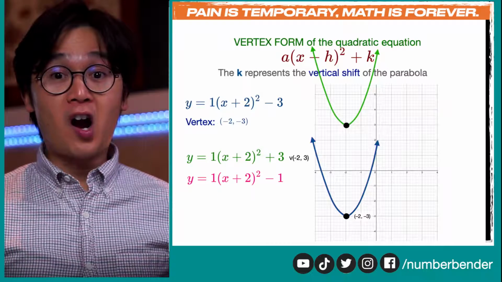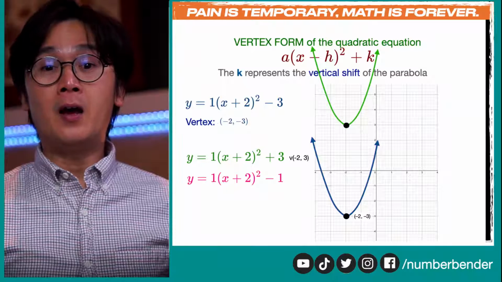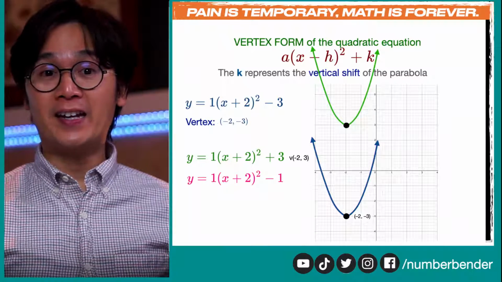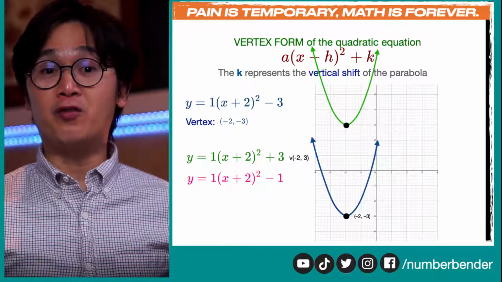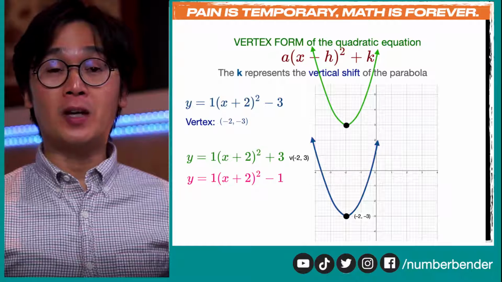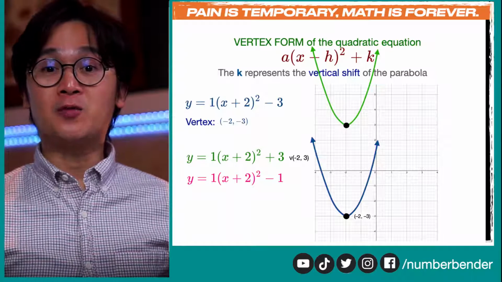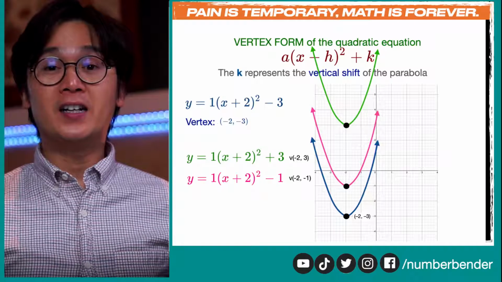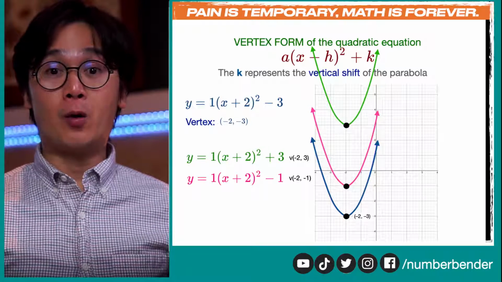So for the sake of argument, if we have another example with the same a and h, but the k is at negative 1, that means our vertical shift from the blue graph to the pink graph is still going to go up, because from negative 3, it will go up to negative 1. So that will be the vertical shift of our parabola.